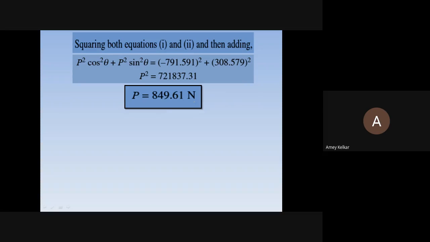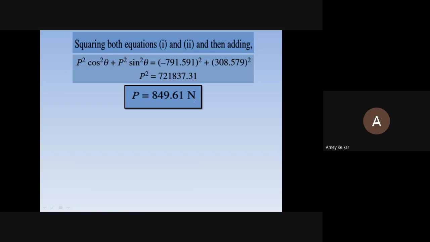Once you form the equations, the key point in understanding is how to use the R value which is given. Summation Fx is equal to Rx is equal to R, because R was acting along the x-axis. We used that.